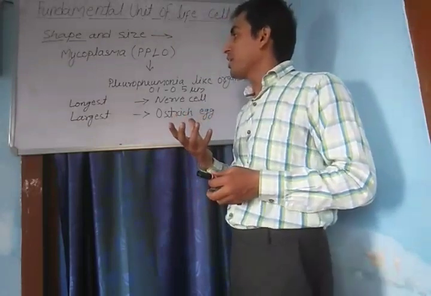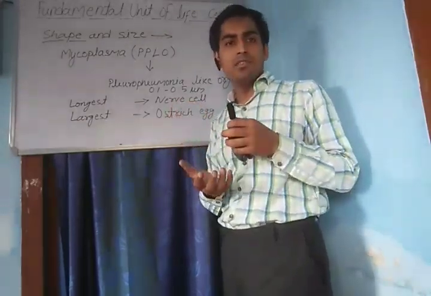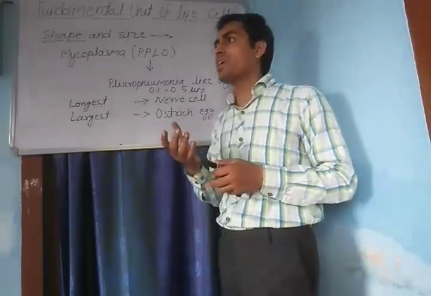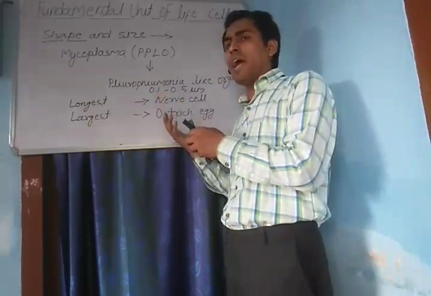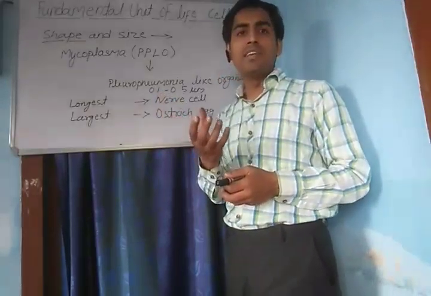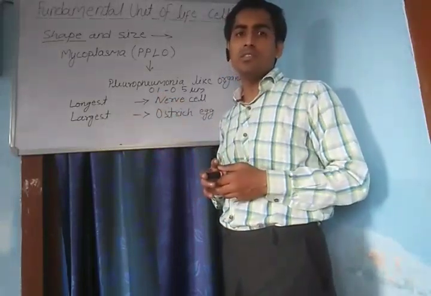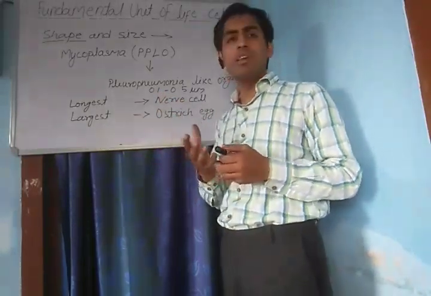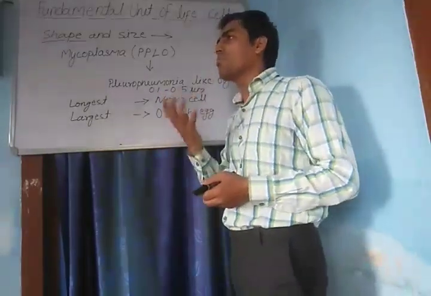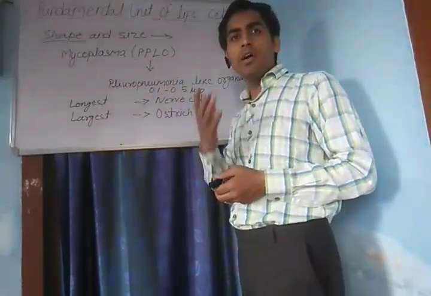If we study the rat, which is a little organism, and the elephant, the cells of the liver in both cases, or the cells of the kidney, are around the same size.